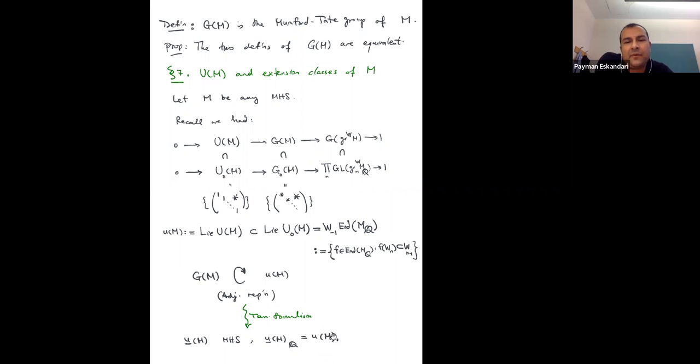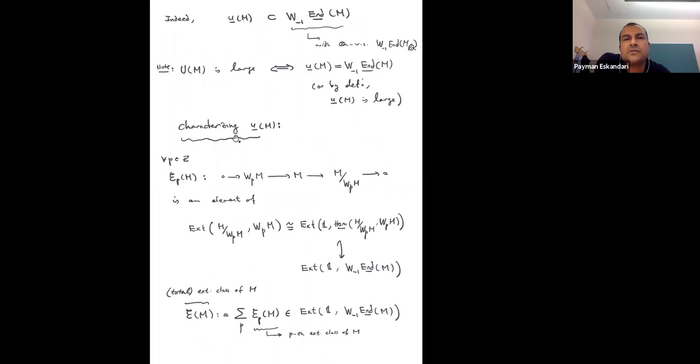And what happens is the following. So this thing here now underlies a mixed Hodge structure. This guy here also underlies a mixed Hodge structure. So this would be the mixed Hodge structure W_{-1} of End M, being the internal End, so this is a mixed Hodge structure whose underlying vector space is this W_{-1} End M. Those are strictly upper triangular matrices.